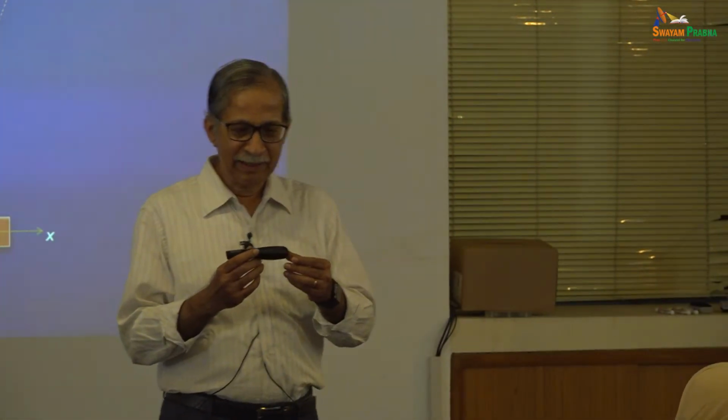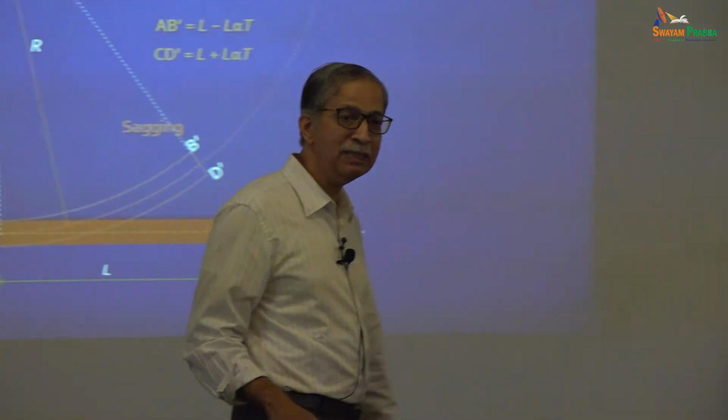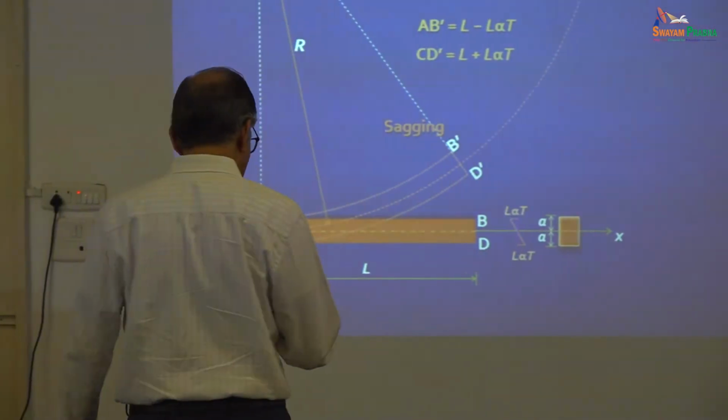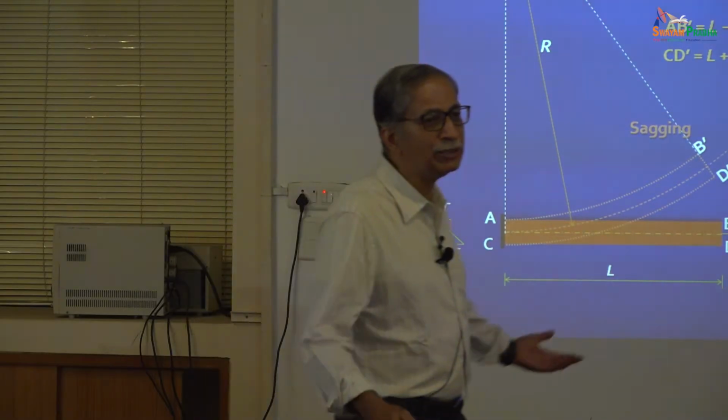Now, if I want to induce bending in that member, then I can do that by giving it a thermal gradient, and we did that. If you remember, here is a cantilever beam, and it has a rectangular cross section, and we increase the temperature at the bottom by T and reduce the temperature at the top with a thermal gradient such that at the centroidal axis there's no change in temperature.